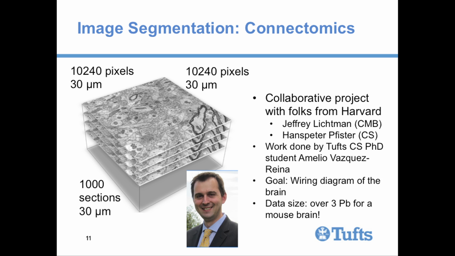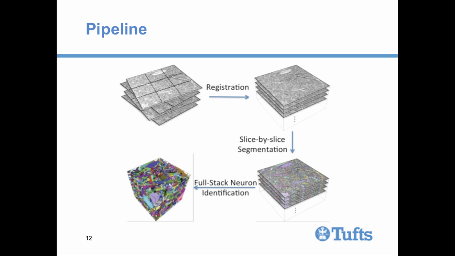So this is unlike the hydrology problem. This is a problem where we're drowning in data, and the data are really horrendous, right? What's a neuron here, what's not a neuron here? You collect data slice by slice. How can you track? The slices aren't always well aligned, and there are spacing issues. The general processing flow is that you get these slices of data, you register them, so you line them up.